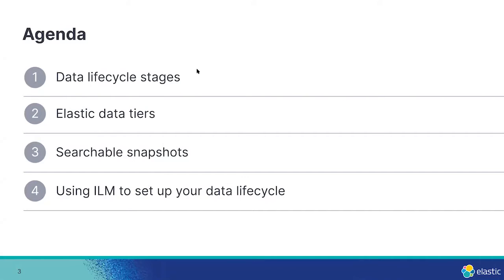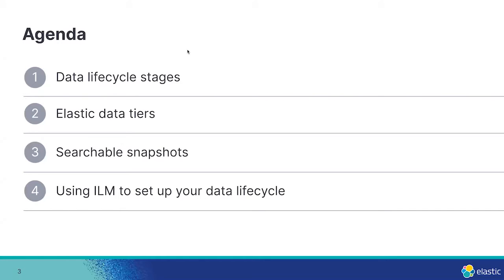Here's a brief rundown of the agenda. First, I'll talk about the typical data lifecycle stages for time series data in an organization. Then we'll take a look at how the Elastic Stack handles these stages for you with the various data tiers we provide. And we'll cover some of the trade-offs that each tier offers. This will follow with an explanation of how we've actually been able to build the new lower cost data tiers for longer term data storage with searchable snapshots, a powerful capability that brings your object store to life.